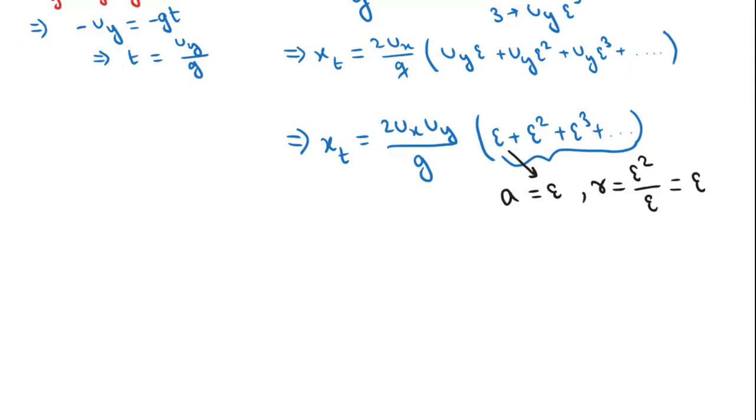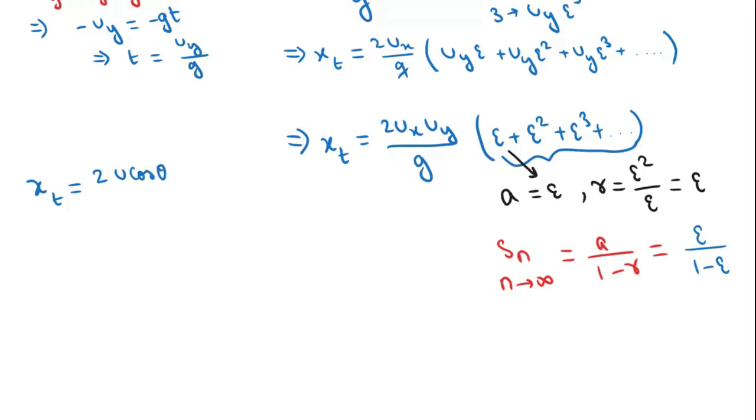Now the sum of n terms where n tends to infinity for a geometric series is equal to a divided by 1 minus r. In our case, this is simply e divided by 1 minus e. To get our x total here, which is equal to 2 times ux, which is u cosine theta, uy, which is u sine theta, divided by g multiplied by e divided by 1 minus e.